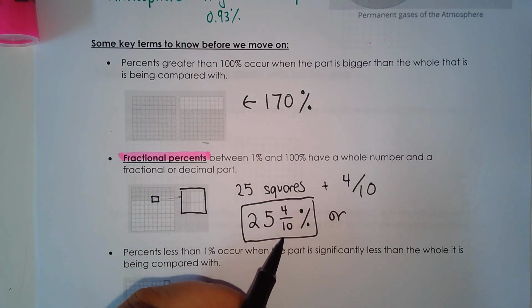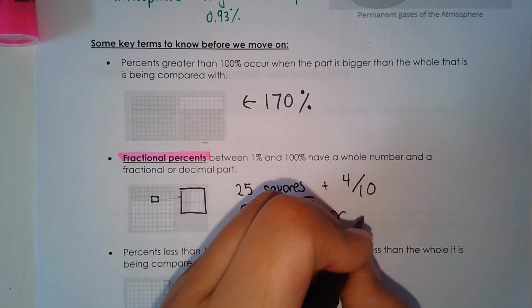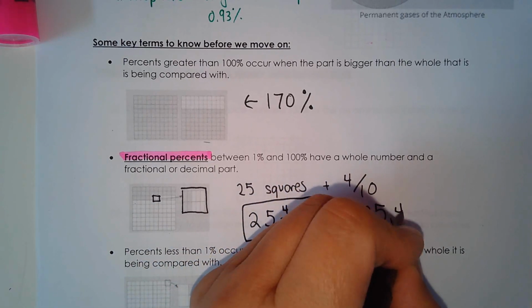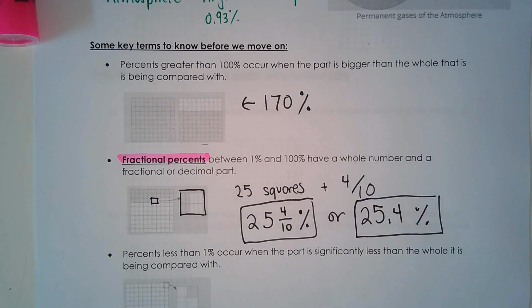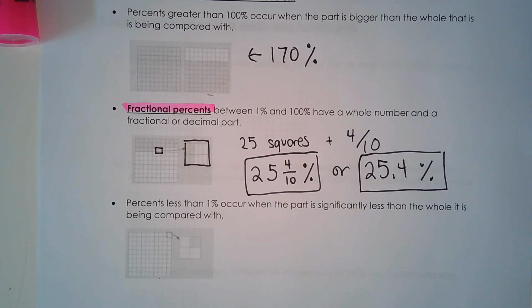So 4 divided by 10 is 0.4, and I could write it out as 25.4%.